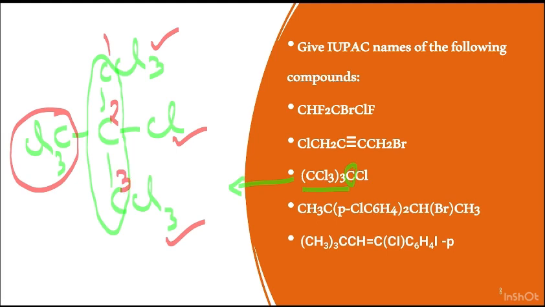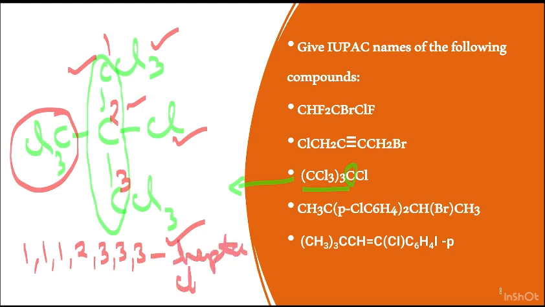So the name would be 1, 1, 1, there are 3 chloro here, 2, and then 3, 3, 3, separated by commas. 7 Cl atoms are here on these positions, so heptachloro. Understand this, this is very important. Hepta means 7. And then on the second carbon you have trichloromethyl. And then end it with propane. So the name is 1,1,1,2,3,3,3-heptachloro-2-(trichloromethyl)propane.